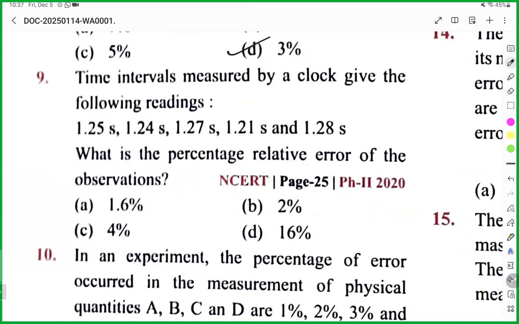Now what you have to do is first take their average. 1.25, 1.26, 1.27, 1.29, 1.28. Adding: 2 5s are 10 and 2, 12. Passing 1, 5 and 6. 6.25 divided by 5, what will be the value? 1.25.